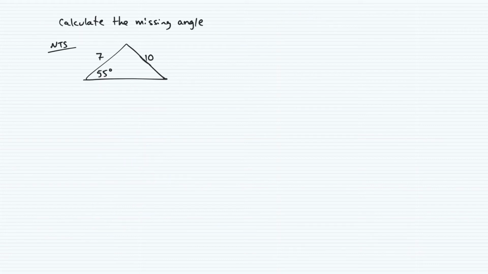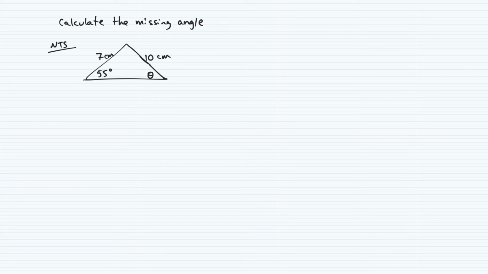Okay, in this second example, we have a triangle with length 7, 10, and an angle of 55 over here. And we want to calculate the missing angle, which is this angle over here, theta. I'm going to give some units, centimeters, to both, and let's calculate.